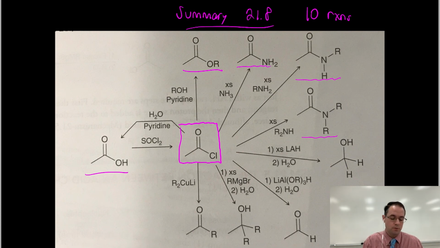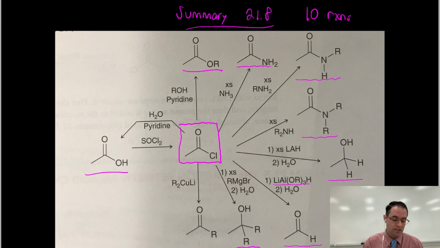We can reduce acid chlorides in two different ways. We can add lithium aluminum hydride, or lithium tri-tert-butoxy aluminum hydride, this crazy looking thing here, to give aldehydes. And we can make carbon-carbon bonds by adding organometallic reagents.